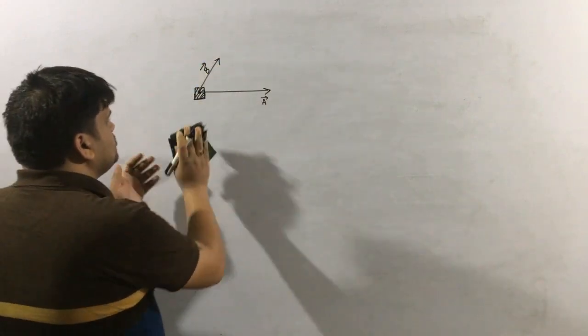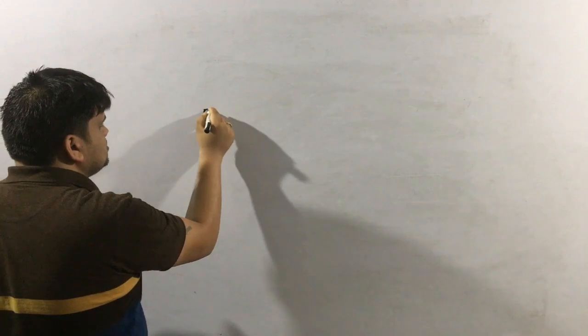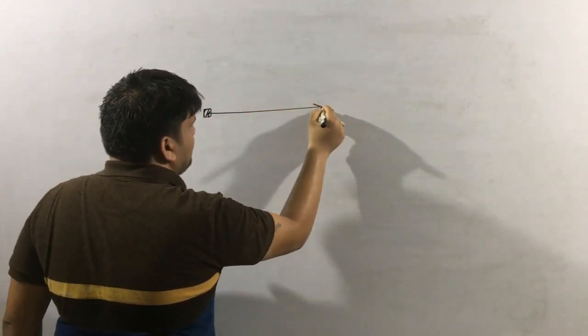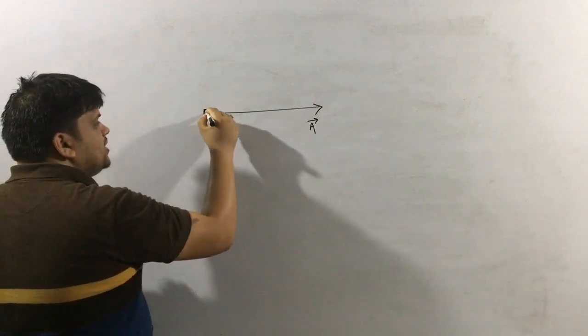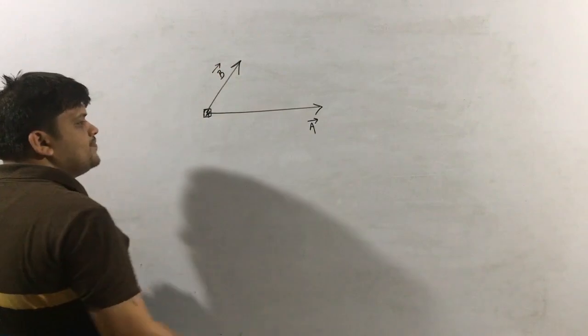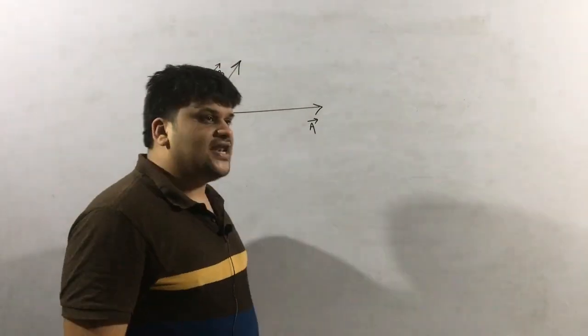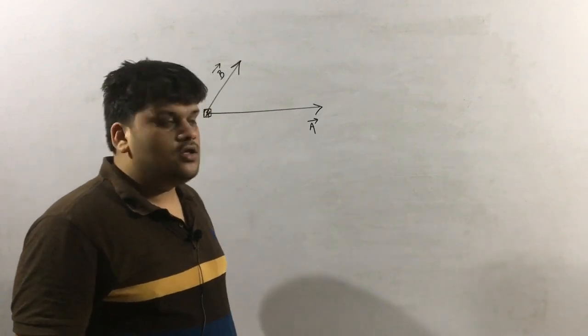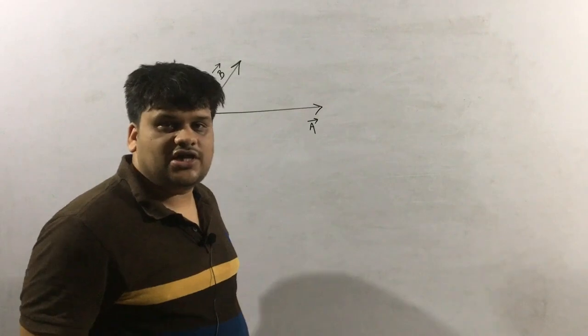Okay, let me draw a bigger diagram as you requested in the last classes. So let that be vector A and let it be vector B. Okay, they are applied on the same object. The question is to calculate the net vector, or if it is force, calculate the net force. If it is velocity, calculate the net velocity, like that.